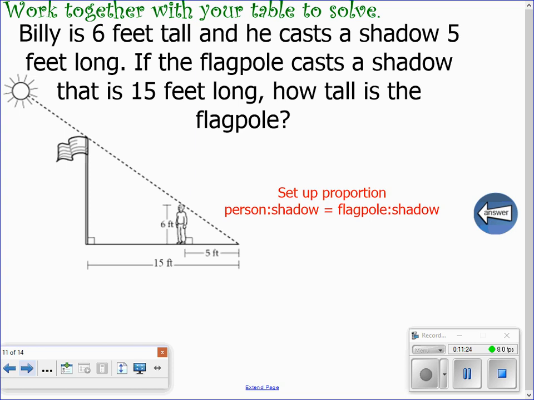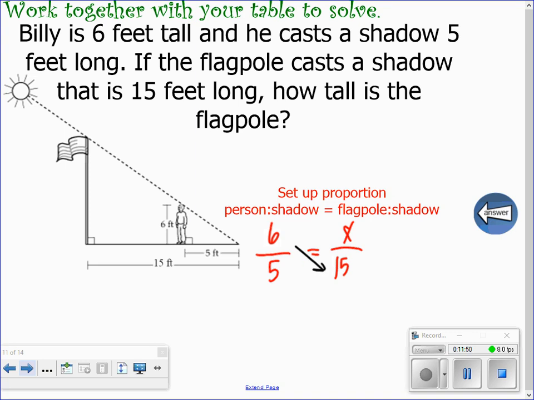The flagpole casts a shadow of 15 feet long, and how tall is the flagpole? So if we do person to shadow, he is 6 feet tall, and his shadow is 5 feet long. For the flagpole, we're trying to figure out how tall the flagpole is, so we don't know that part, but we do know the shadow is 15 feet long, so keeping that proportion in mind.